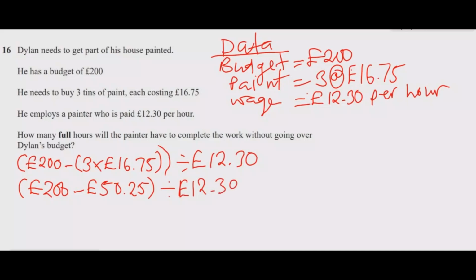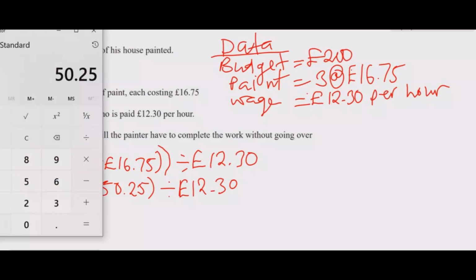Once we have done this, the next thing is to evaluate it. We go on our calculator and punch in 200 minus 50.25, which gives us 149.75.